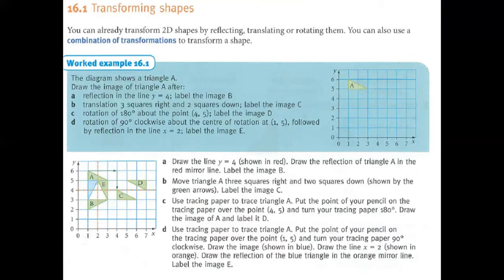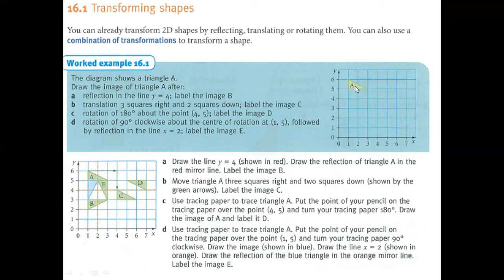With the help of this example, a diagram shows a triangle A. Draw the image of the triangle reflected in the line y is equal to 4. Label the image B. The first and most important thing that you do here is draw the mirror line. With the help of this, it's easy for you.